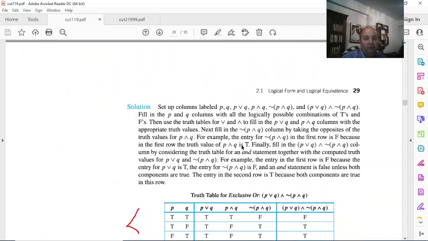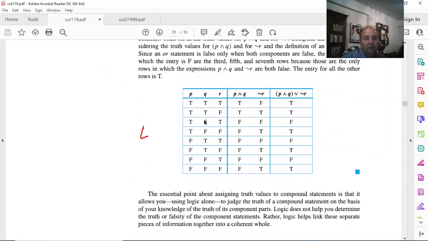If you have 3 inputs, this is the case here. The third power of 2 is 8, right? 1, 2, 3, 4, 5, 6, 7, 8. The first variable is 4 true, 4 false. Then double 2, double false, and true, false, true, false. This is the way you can obtain structured truth tables, of course.